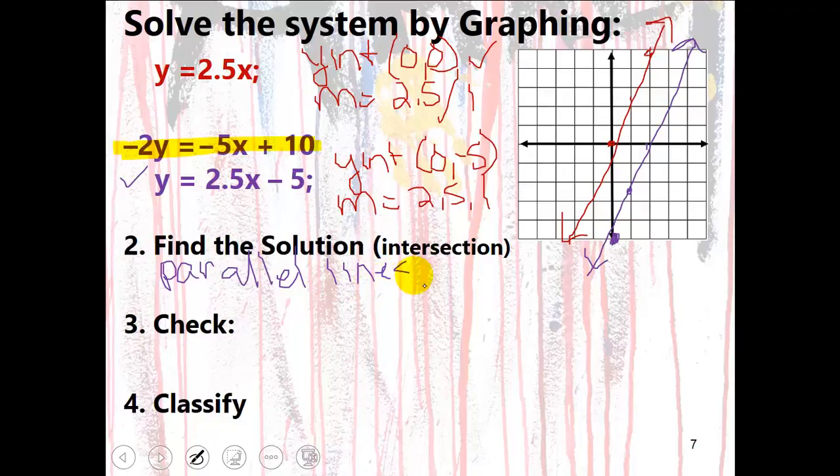And so they never intersect. So there are no solutions. So we don't really have to check this one either because we see that they never cross.